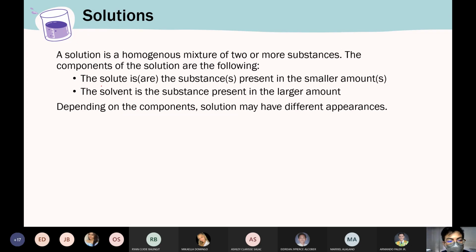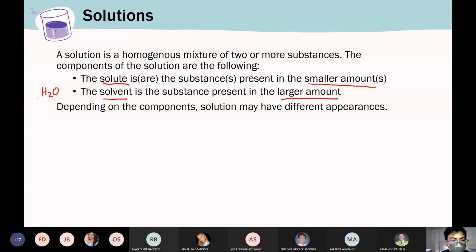Okay? So, what is the solute? What is the solvent? When we say solute, this is the one that is present in smaller amounts. Whichever is the least, that is the solute. But the solvent is the one that is present in larger amount. Whichever is the most, that is the solvent. And commonly in chemistry, the universal solvent is, of course, water.